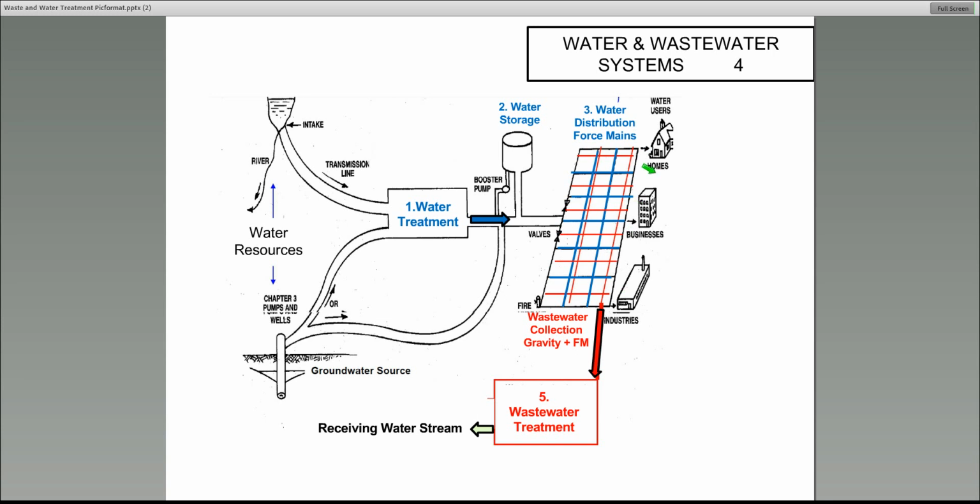And then the wastewater from those same sources, those same homes, businesses, and industries, will go through the red lines or the sewers and will be collected and routed to the wastewater treatment plant and then back into the wastewater receiving stream. So we'll be covering aspects of the water treatment, the storage, the force mains for water distribution, also the sewer lines, and the wastewater treatment.